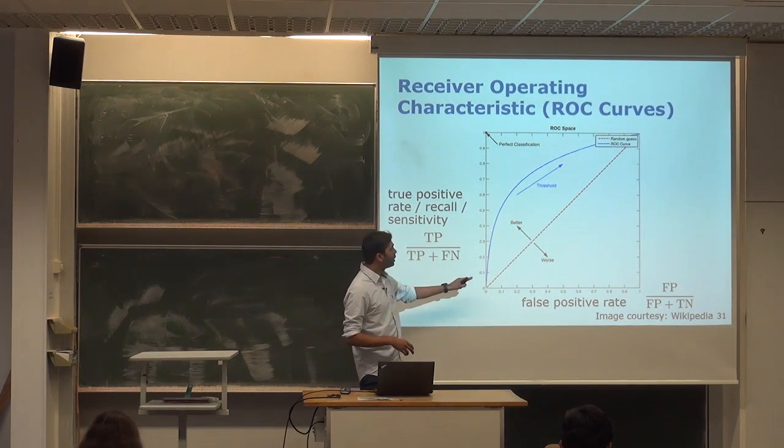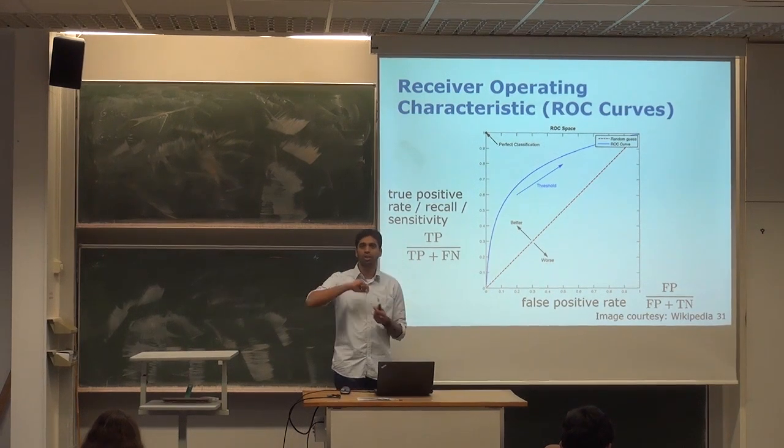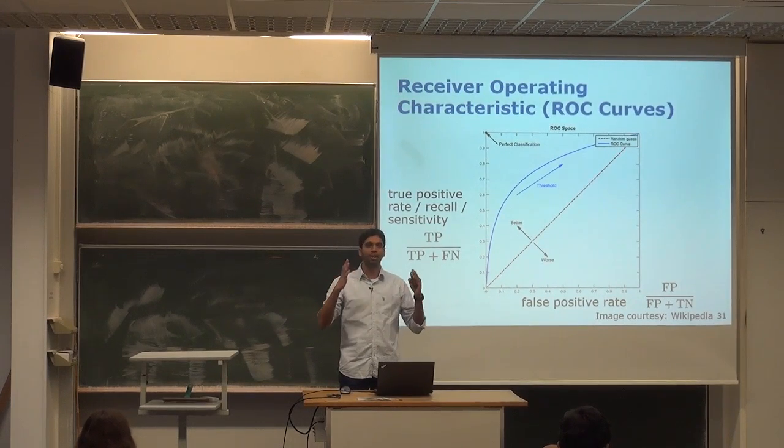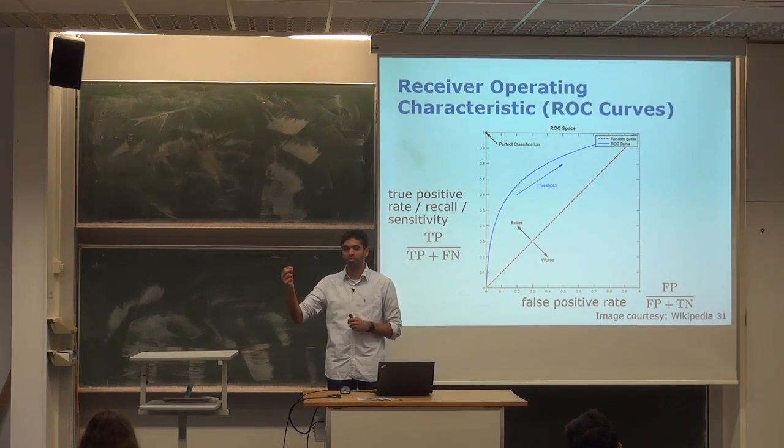So actually why you see a curve is because your classifier may have some thresholds, right? So for example, in the case of the box, you could change the height and the width of this box, and each one of these different boxes will give a different performance.